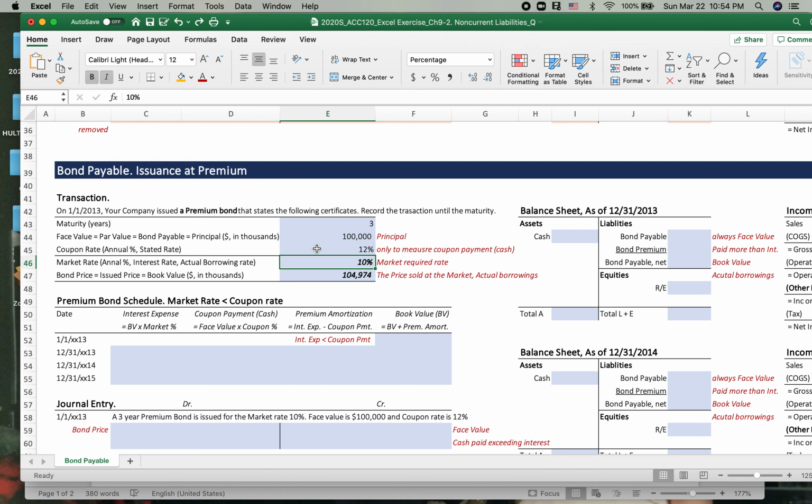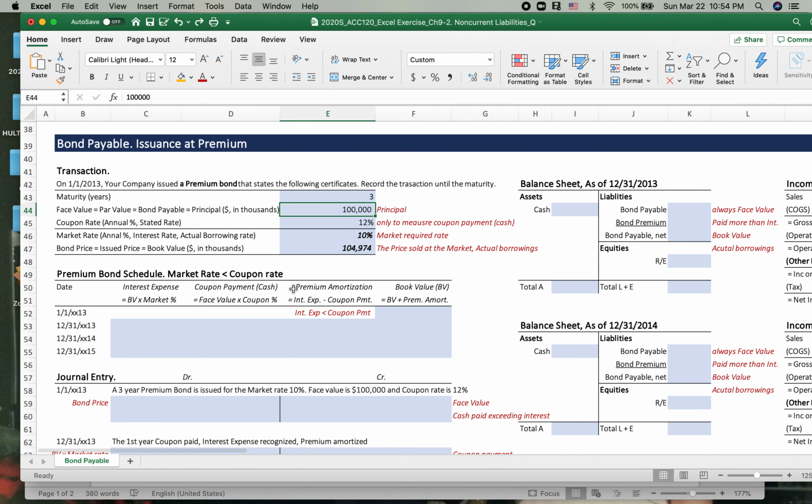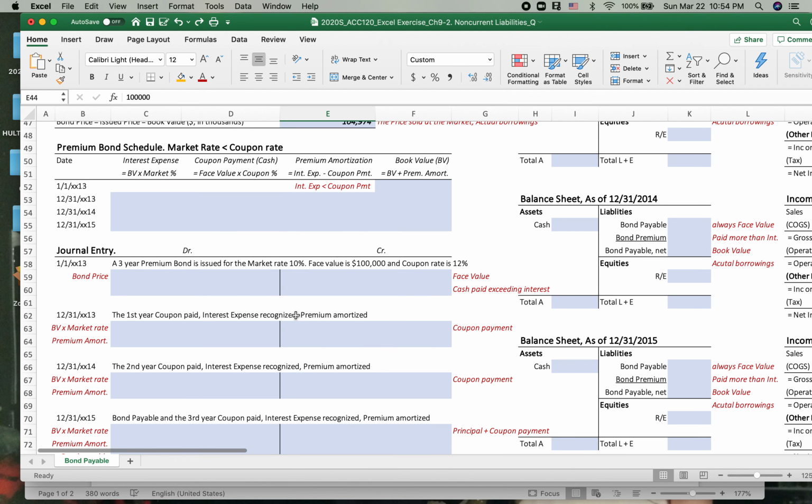The market rate is 10%, and every year end the company paid 2% more cash. That's why at maturity, they can just pay back $100,000 to the investor. Let's verify this transaction on the schedule first, and then convert the schedule into journal entries.